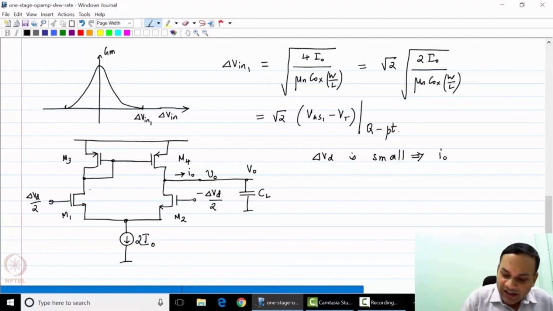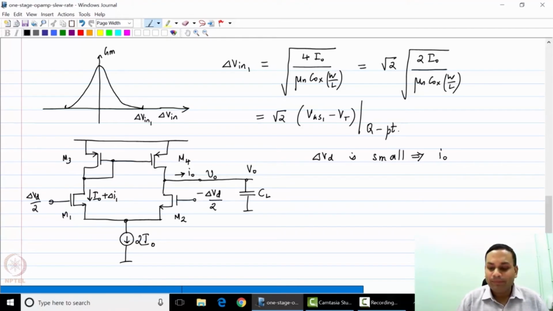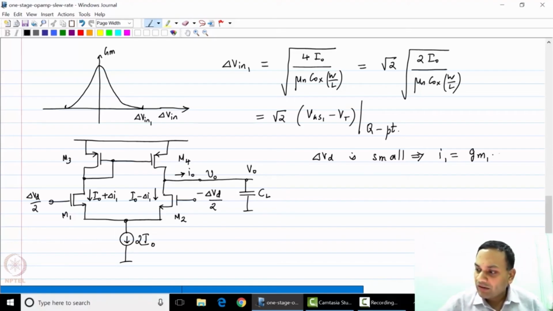I am now going to write down the total currents through the transistors. This current is I0 plus some delta I1. This current is I0 minus delta I1, where delta I1 is equal to GM1 times delta VD by 2.